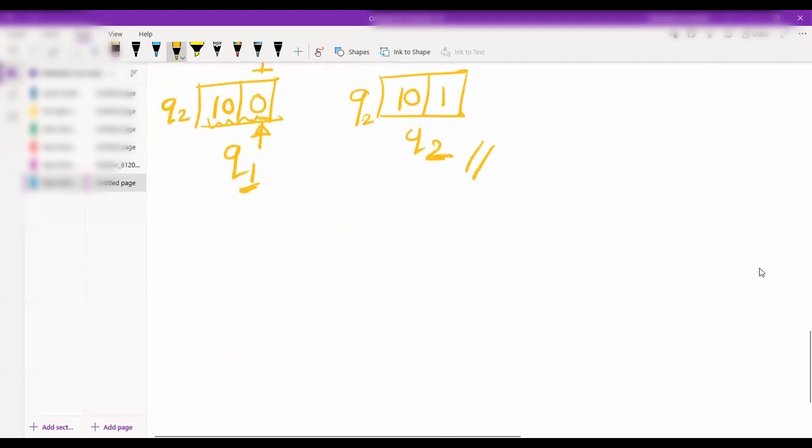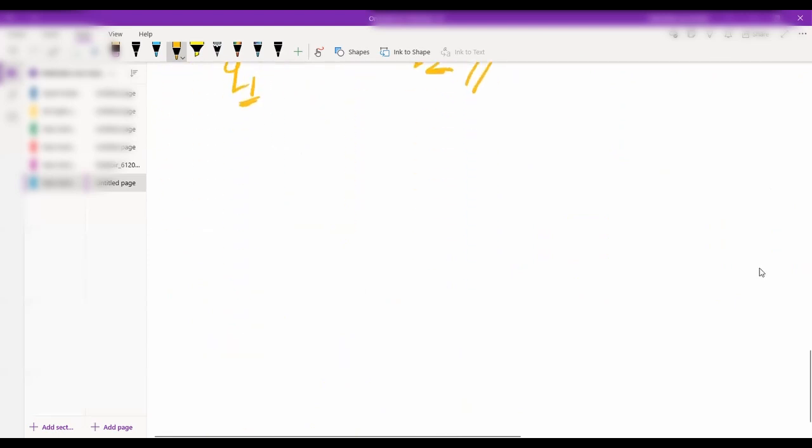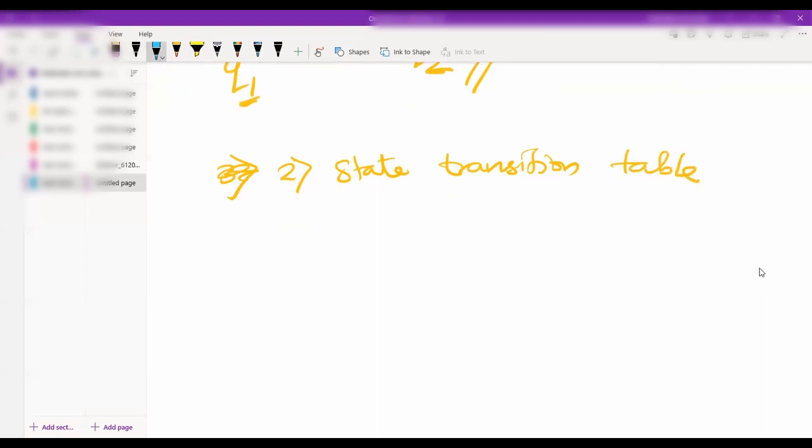Now the next step in the TCS method is writing the state transition table. So how are we going to write the state transition table? First of all, how many bits are there? We have 2 bits, 0 and 1.